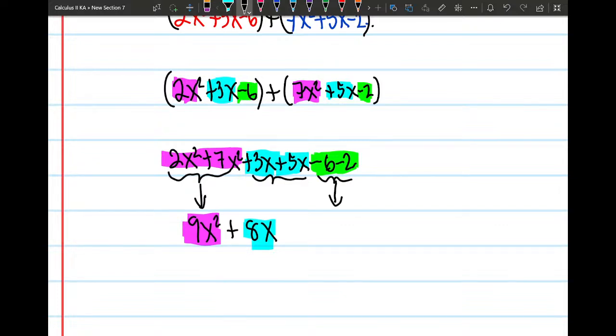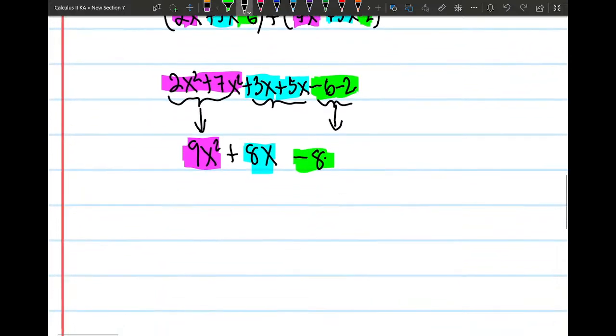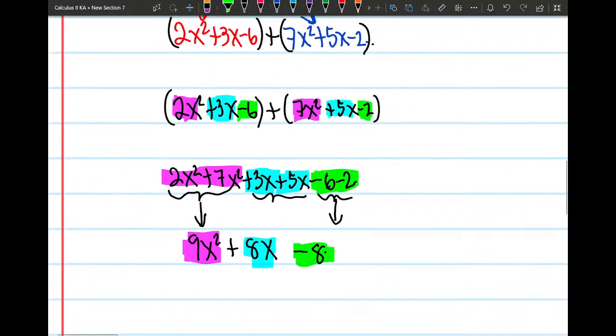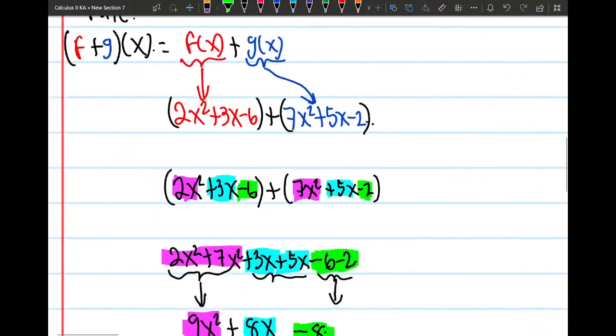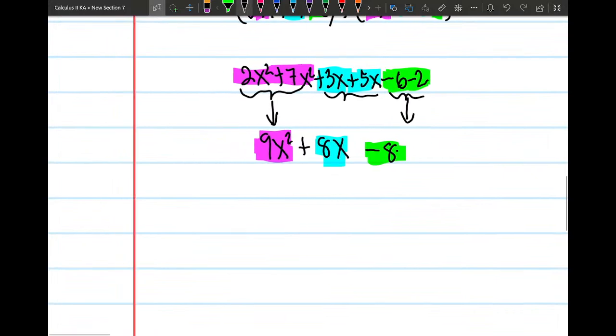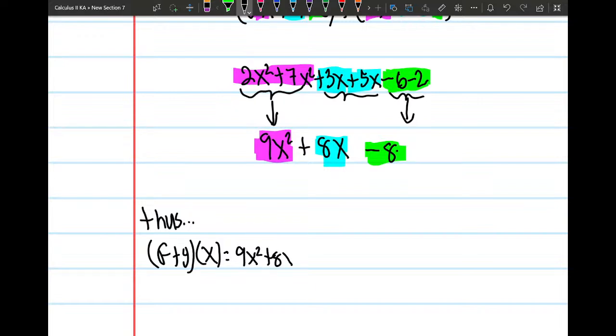Basically this would be the answer for this problem. So this means that we can clearly say that f plus g of x is equal to 9x squared plus 8x minus 8.